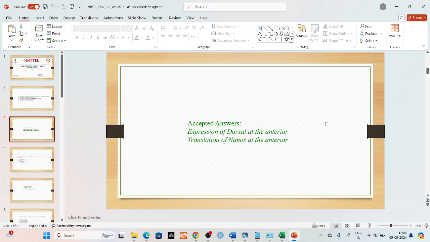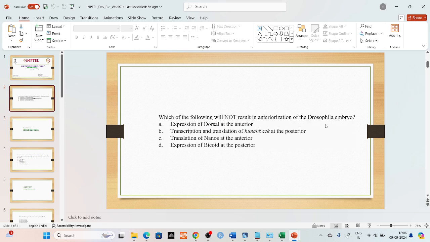The accepted answers are expression of dorsal at the anterior and translation of nanos at the anterior, which is A and C. So A and C are the correct answers.